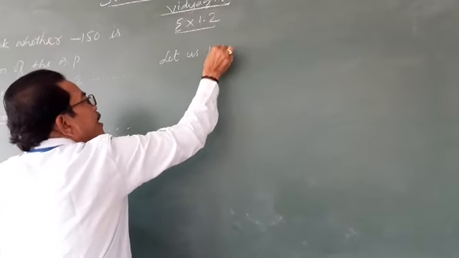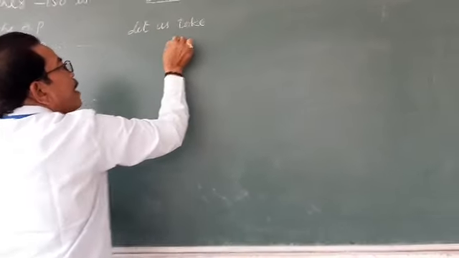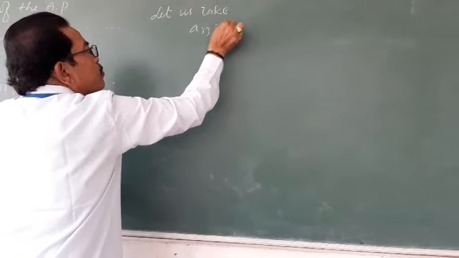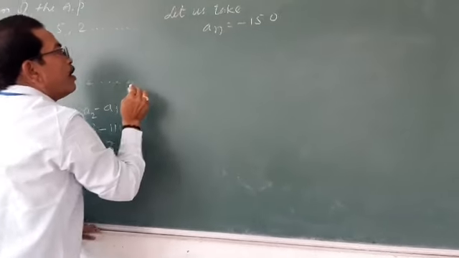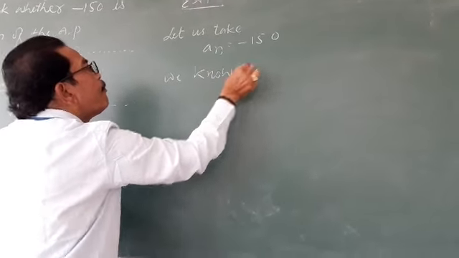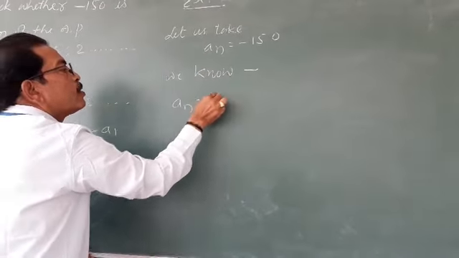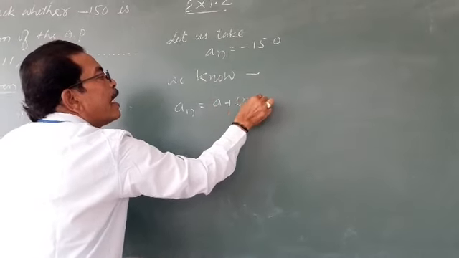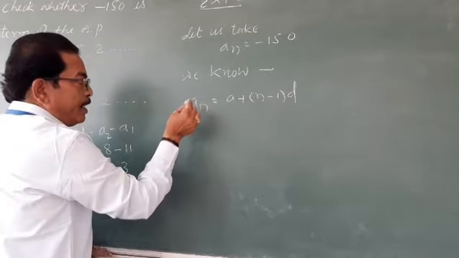Let us take an equals minus 150. We know that an equals a plus n minus 1 into d.